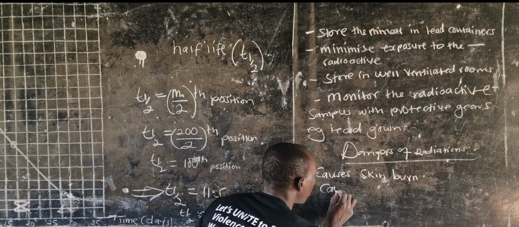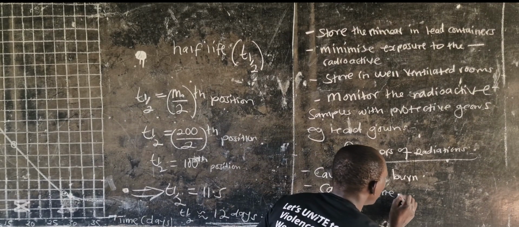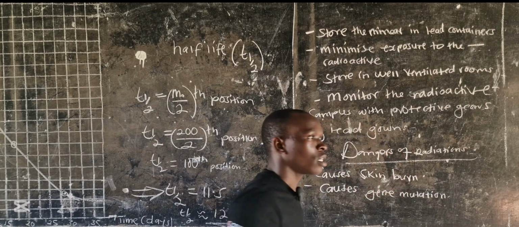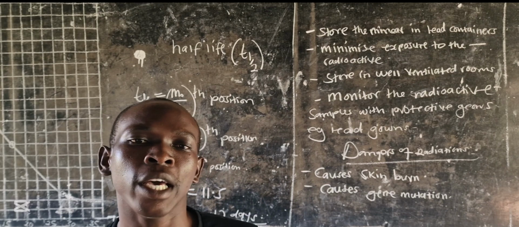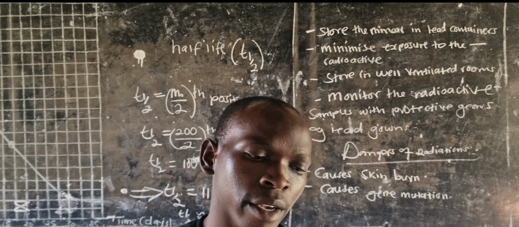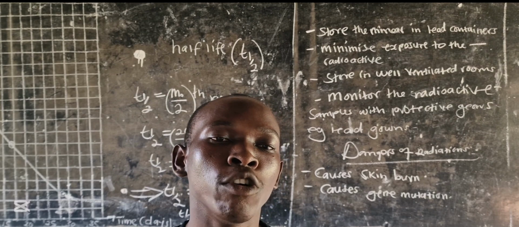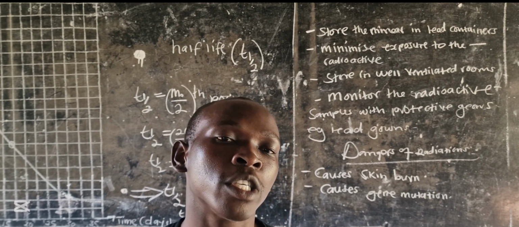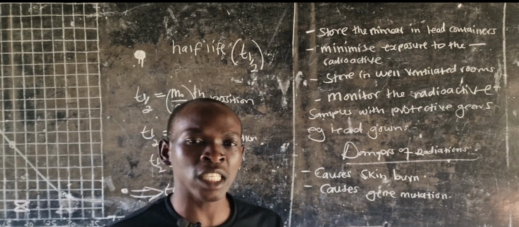Also, they cause gene mutation. Now, there are high chances when you keep exposure time high, you have made your body susceptible to gene changes or to gene mutations. Your body genes can end up mutating.